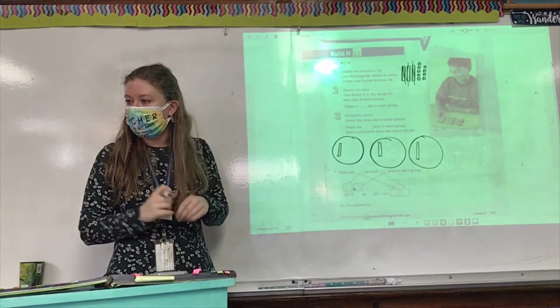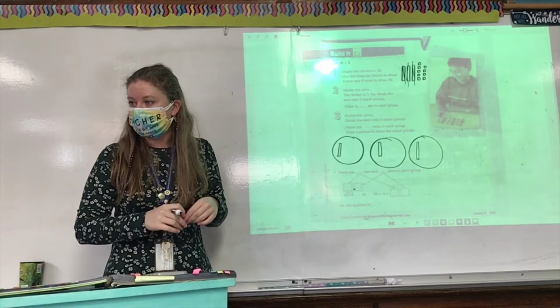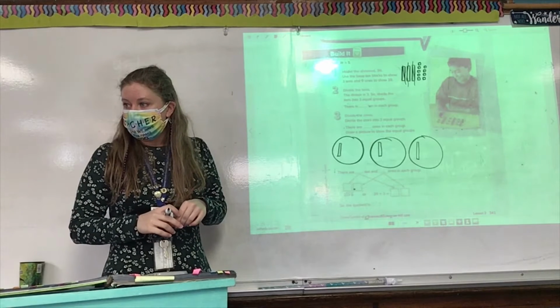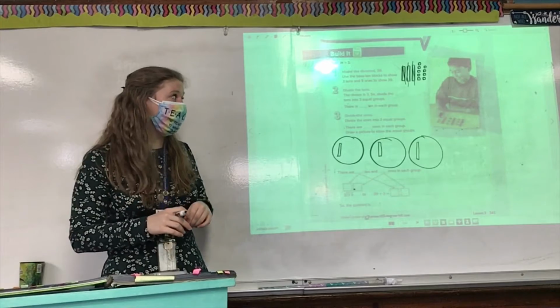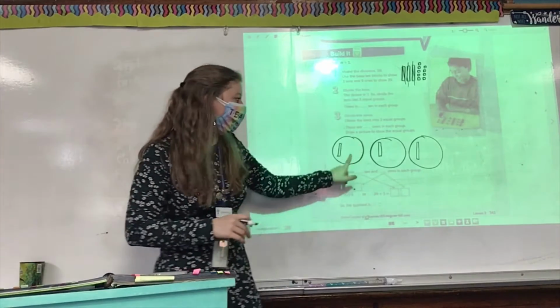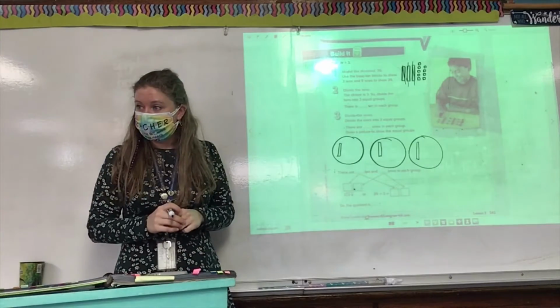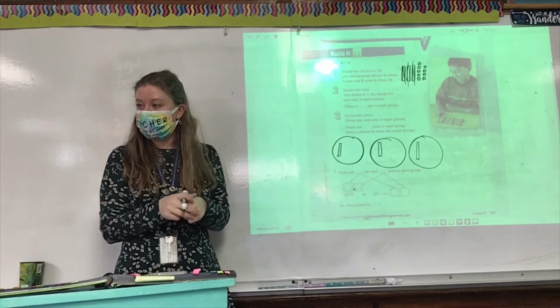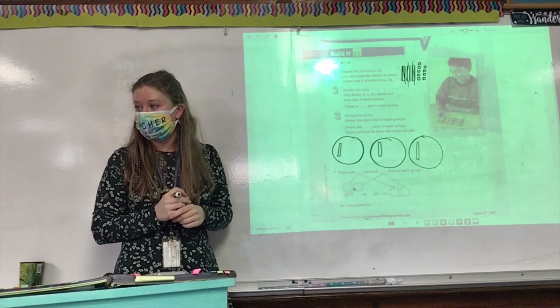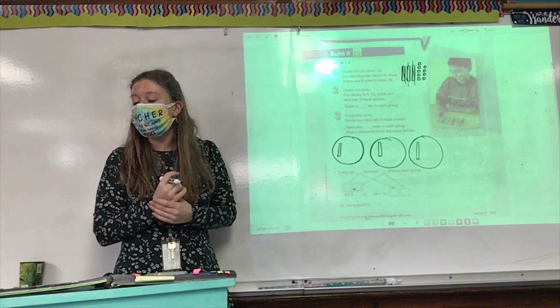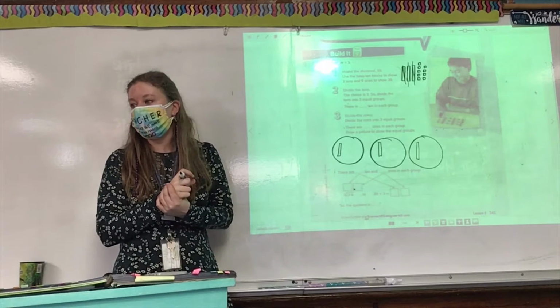Look at your paper. How many 10 rods do you have in each group? Remember, Kingston, each circle is one group. So look at your groups. How many 10 rods are in each group? That means look at one group. How many 10 rods are in it? 1.